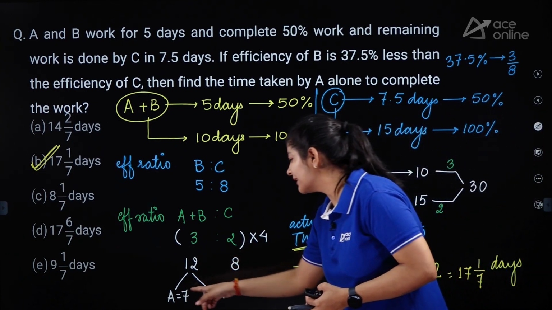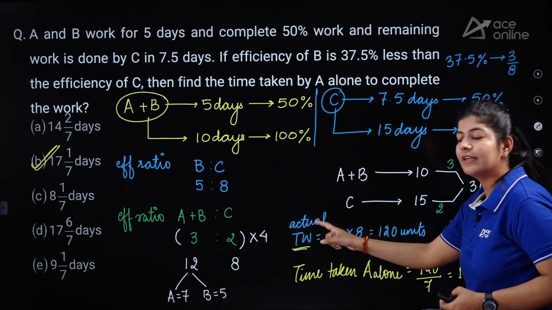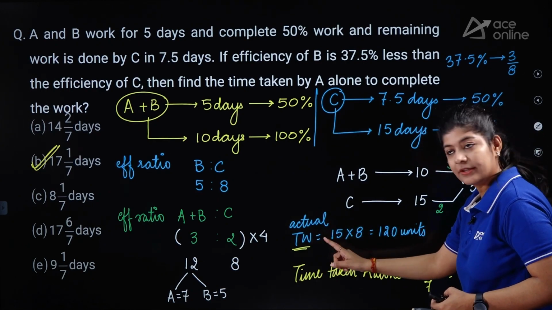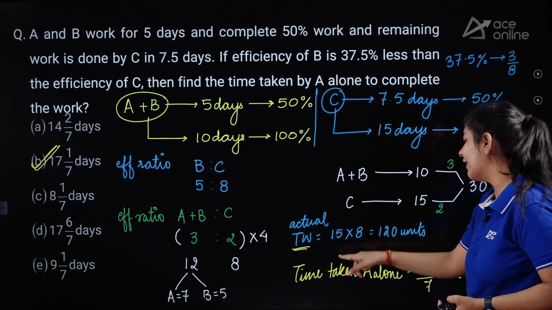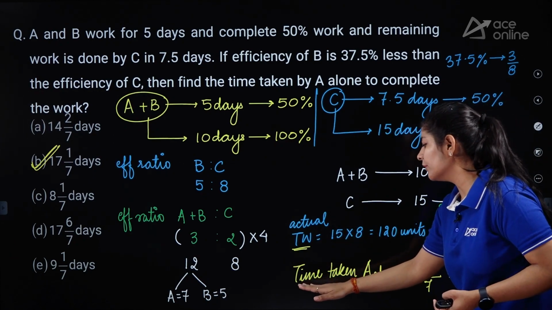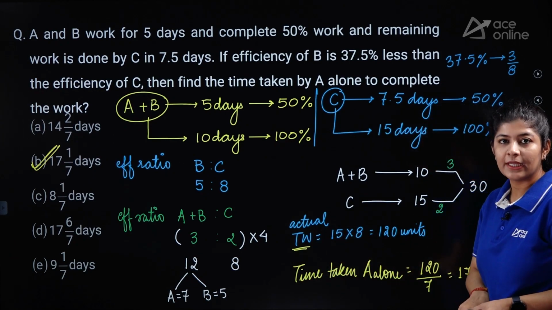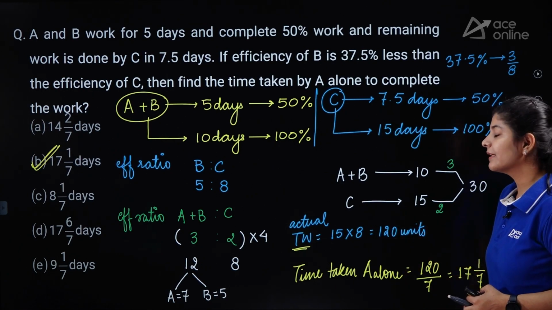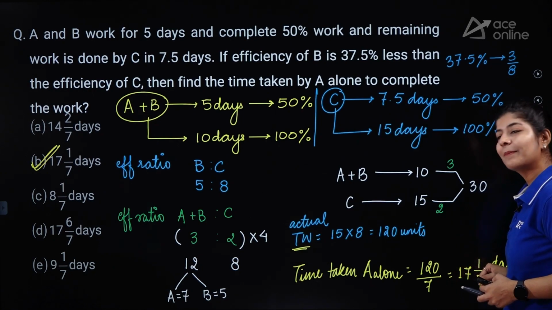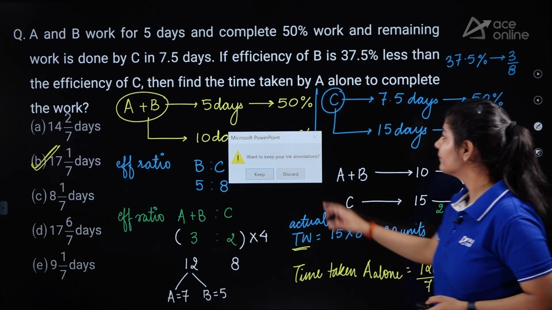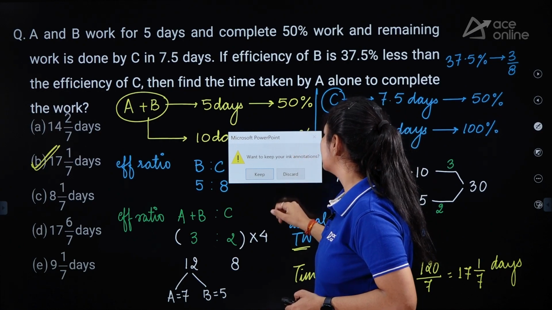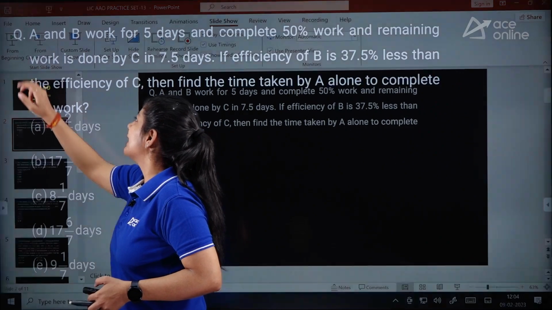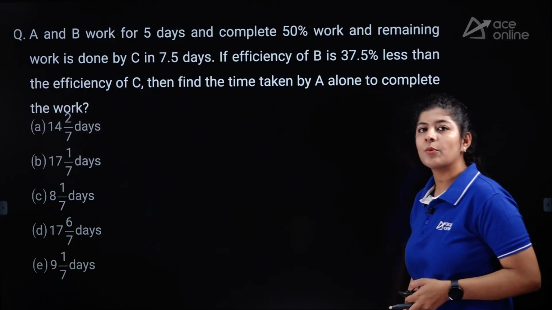As we got these values, we calculated the actual work, or we can say the total work, and after that we calculated the total time taken by A alone to complete this work. So the correct answer is 17, 1 by 7 days. Is it clear? So the correct answer over here is option number B.